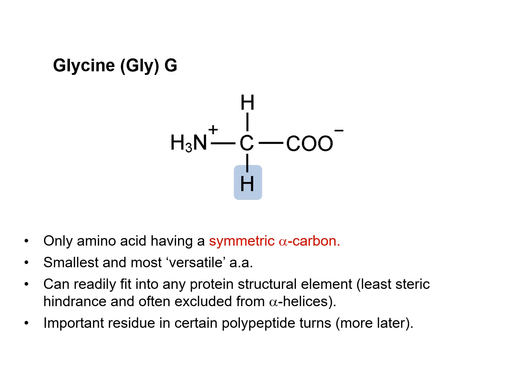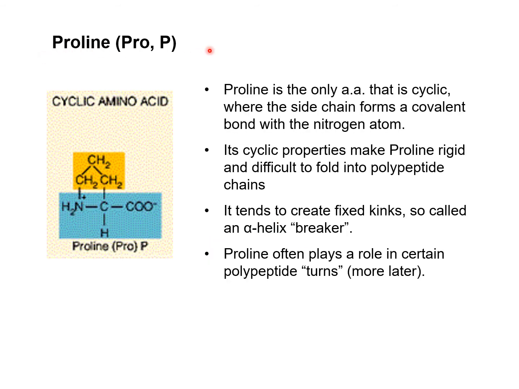And the last one among these special amino acids is proline, Pro or P, which is a cyclic amino acid, and this is the only cyclic amino acid among the 20 standard amino acids, where the side chain forms a covalent bond with the nitrogen atom in the amino group, and its cyclic properties make the proline rigid and difficult to fold into polypeptide chains.